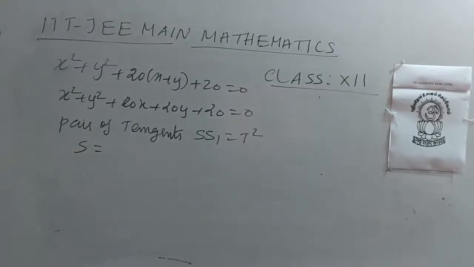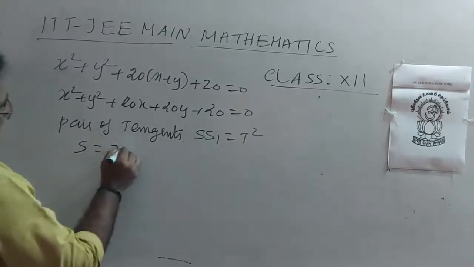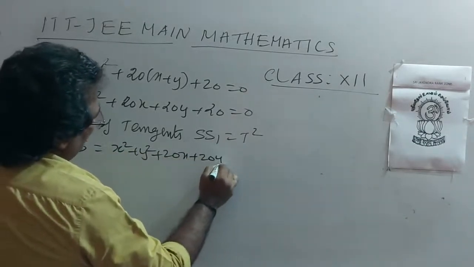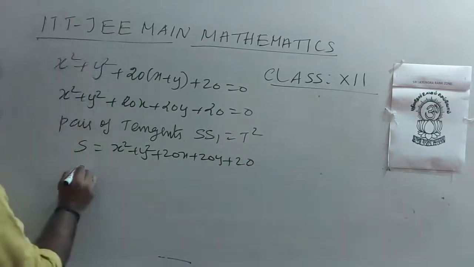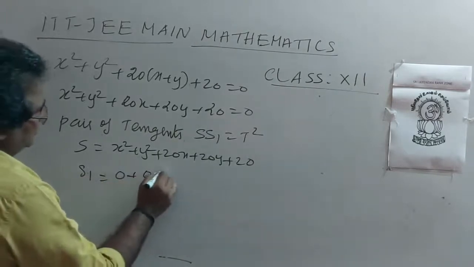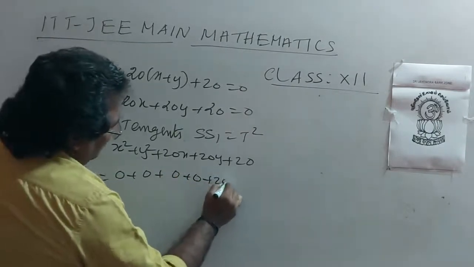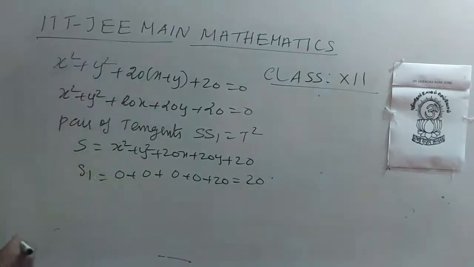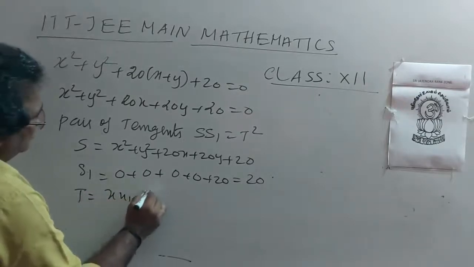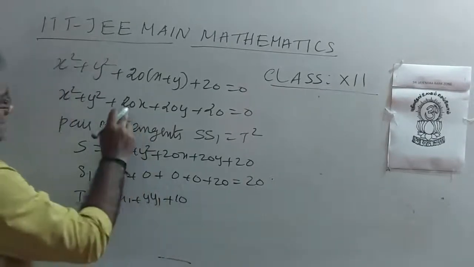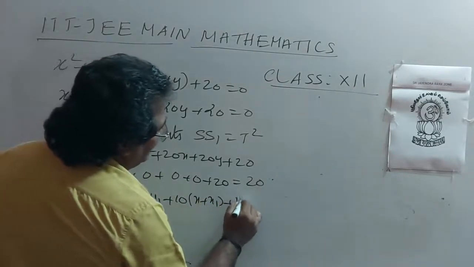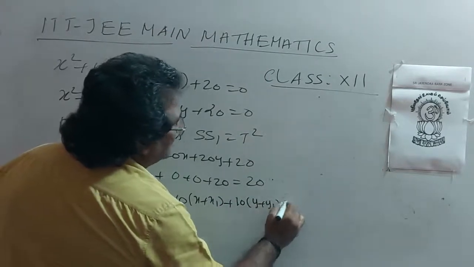S equals x squared plus y squared plus 20x plus 20y plus 20. S1: 0 plus 0 plus 0 plus 20, that is 20. T equals x x1 plus y y1 plus 10 into (x plus x1) plus 10 into (y plus y1) plus 20.